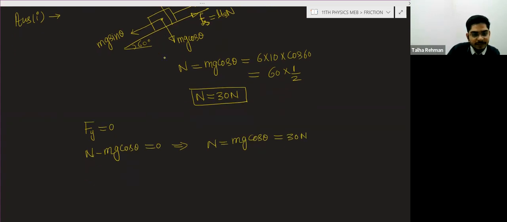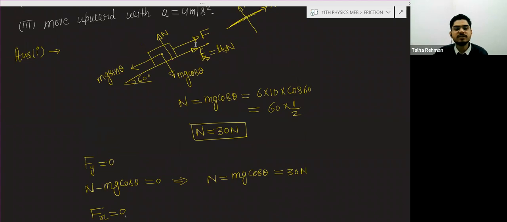Now in the x direction also, the net force on the block should be 0. So how will you find the net force along the x direction?